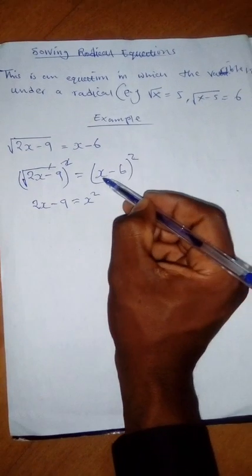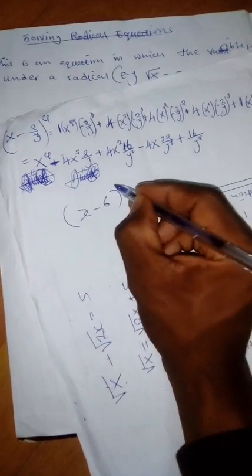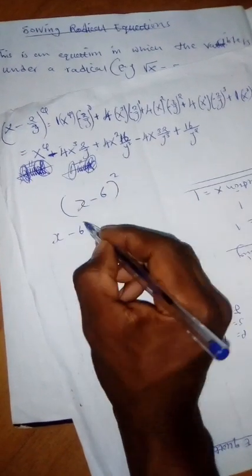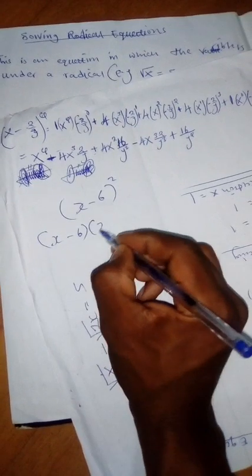Before I continue, let me solve it separately for your understanding. We have x minus 6 squared, meaning x minus 6 times x minus 6.